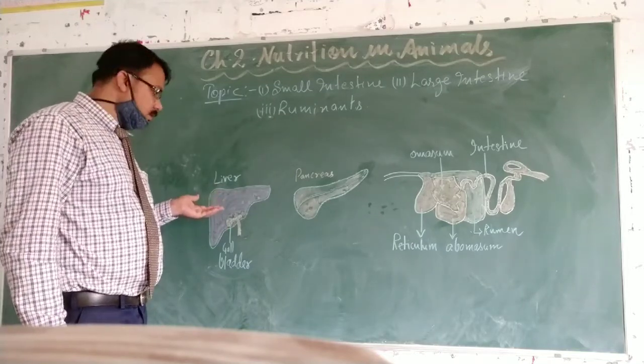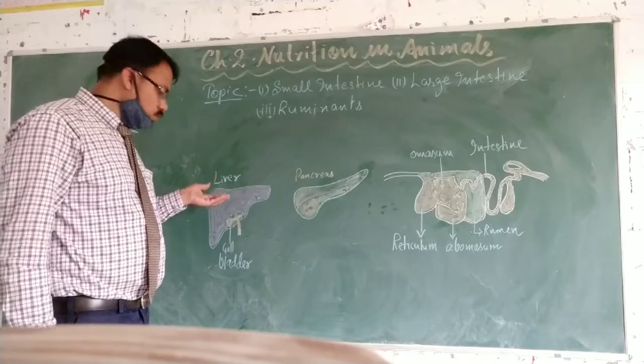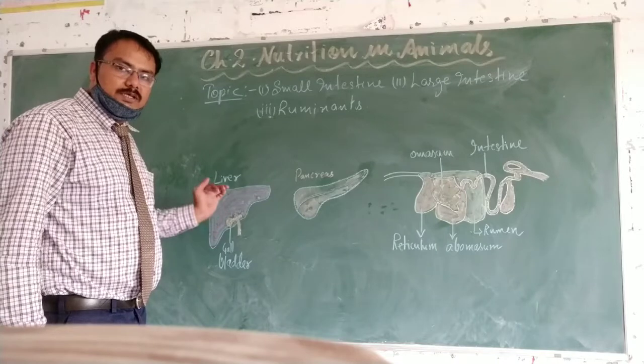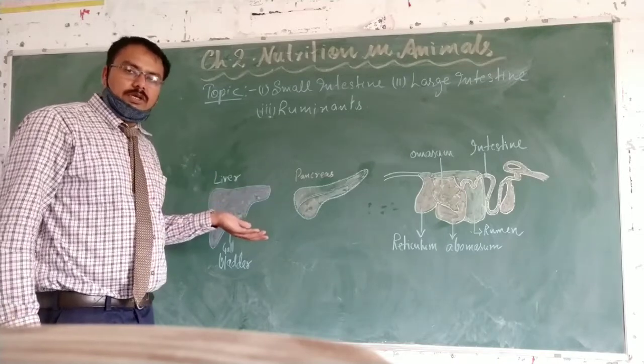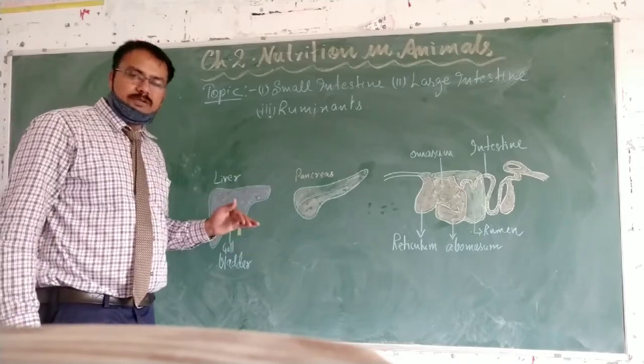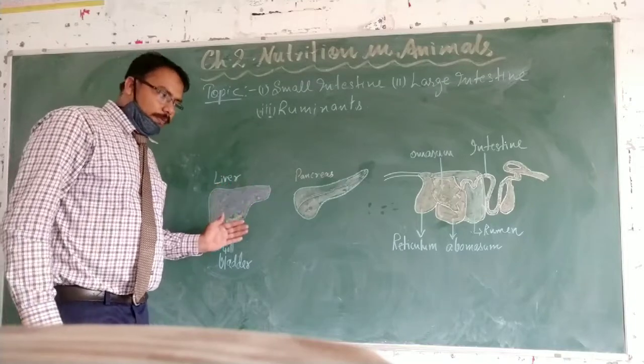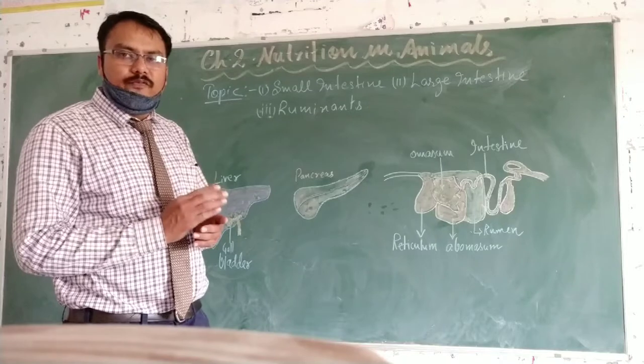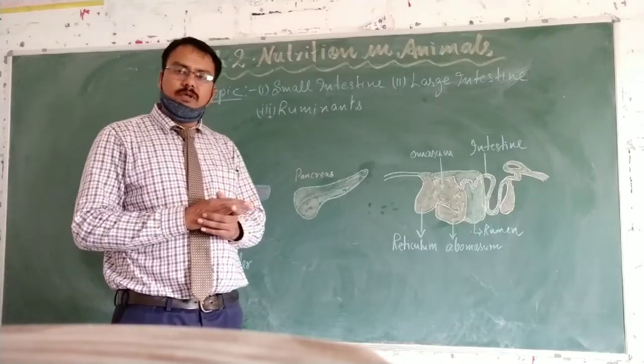That name is bile, which is stored in the gallbladder, and this bile juice is further released into the small intestine, onto the food present in it. The function of the bile is to digest the fatty substances of the food.